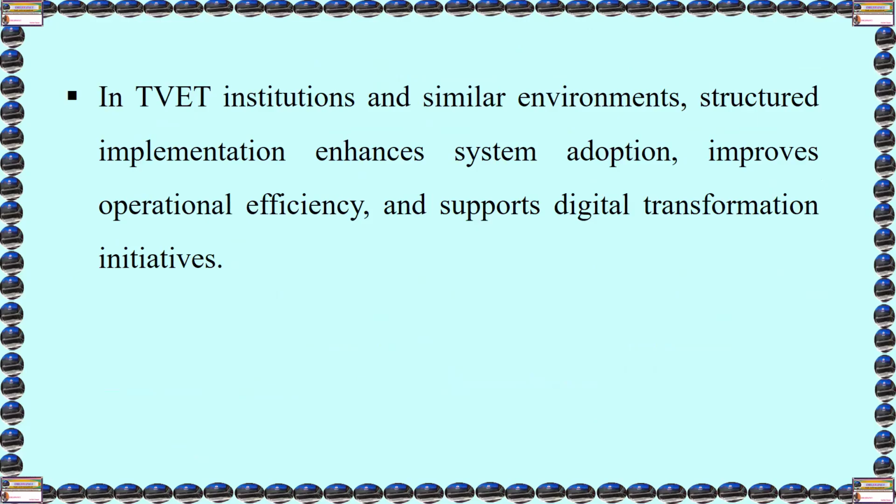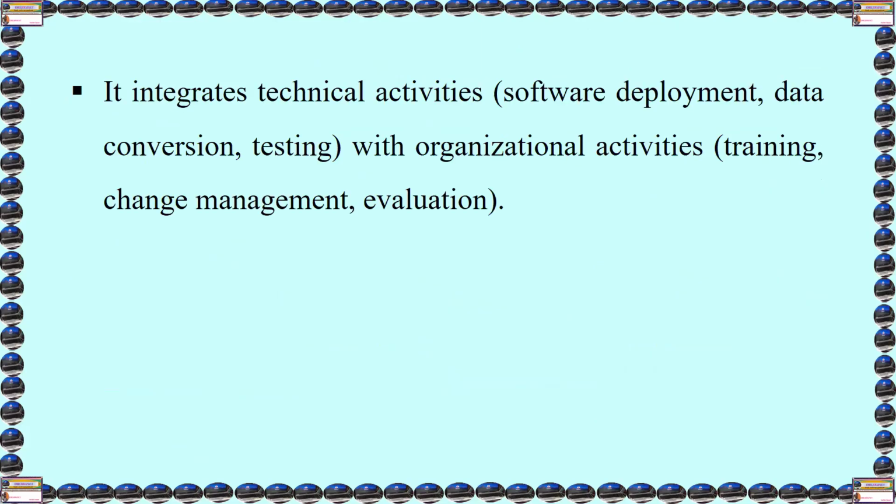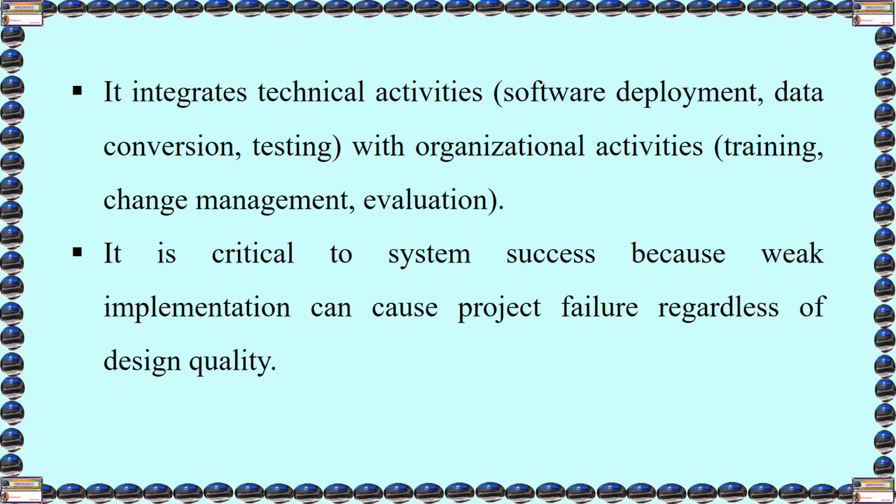In such institutions and similar environments, structured implementation enhances system adoption, improves operational efficiency, and supports digital transformation initiatives. Therefore, system implementation is a critical phase that transforms a design into a functional system. It integrates technical activities such as software deployment, data conversion, and data testing, amongst others, with organizational activities such as training, change management, as well as evaluation.